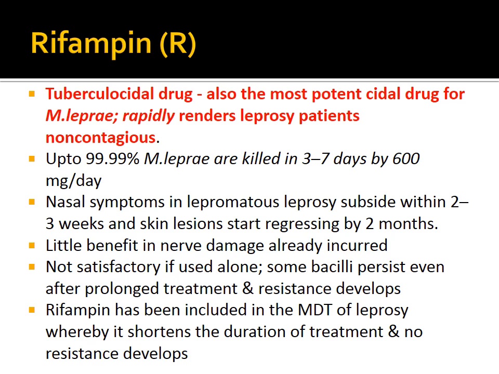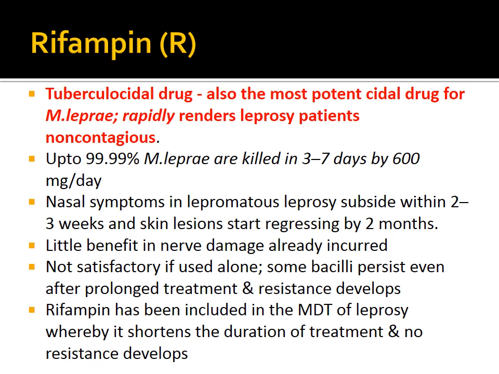Little benefit in nerve damage already incurred. We already discussed that leprosy affects the skin, mucous membrane and nerves. If nerve damage has already happened, as you know, nerve cells are not regenerated again.